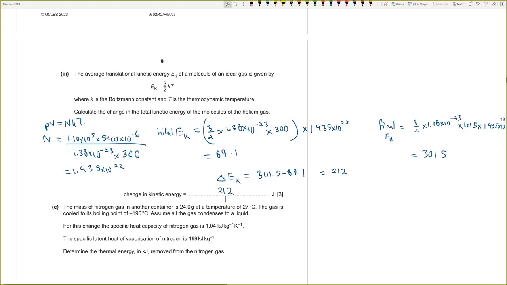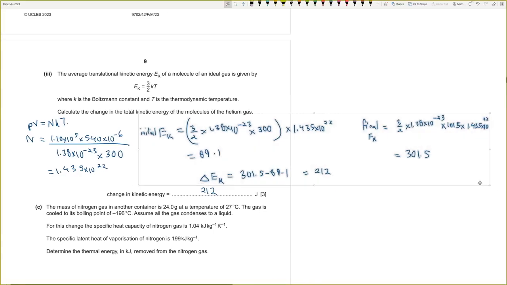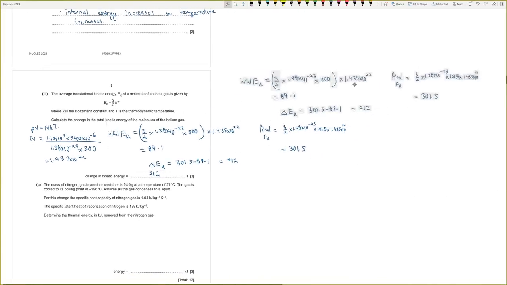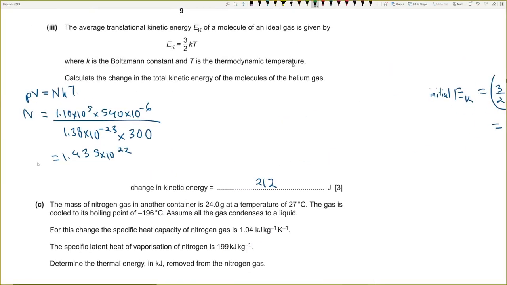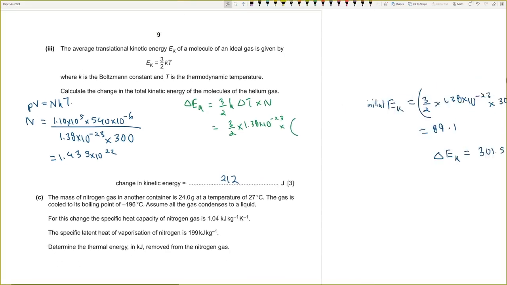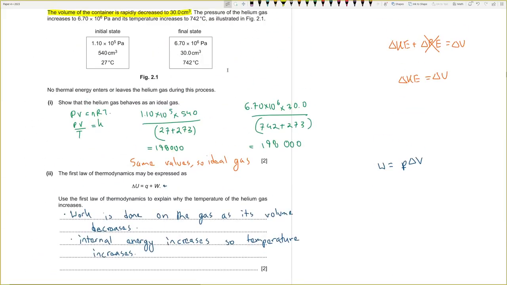In the mark scheme, they went for an alternate approach. I'll also show you that if you want. The other way is doing it directly. You can write del Ek directly like this: del Ek is equal to 3 by 2 k del T times N. So it's 3 by 2 times 1.38 times 10 to the power minus 23 times del T. Here you don't need to convert to Kelvin, because you are adding 273 to both values, so if you subtract them, those cancel.